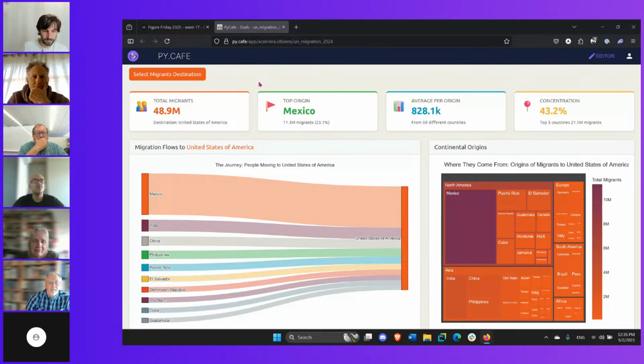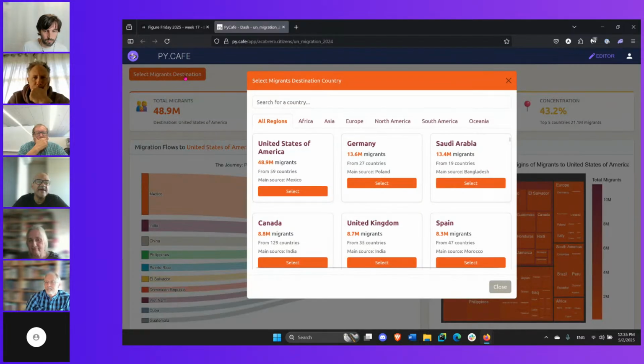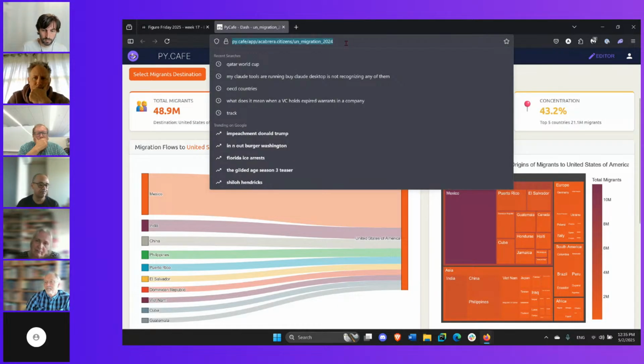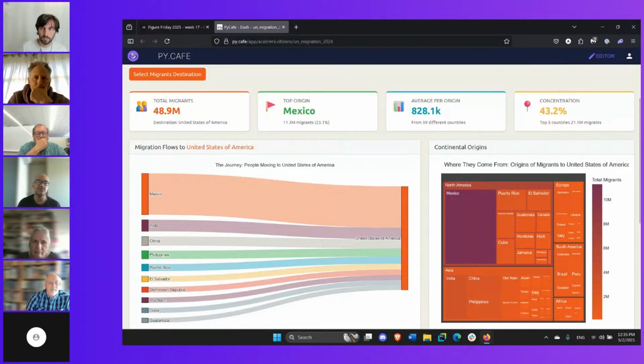Thank you, everyone. Well, basically here, what I wanted to do is a very simple chart or dashboard using the origin of migrants and their destination. This was my main objective, and that's why I selected migrant destination.